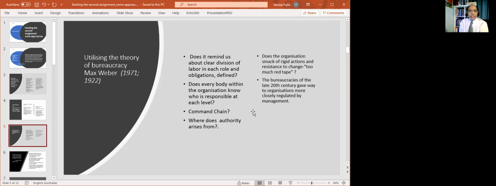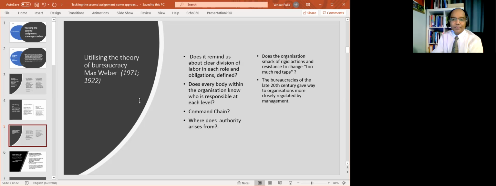Let's see whether we can utilize the theory of bureaucracy. Does it remind us about clear divisions of labor in each role and obligations defined? Does everybody within the organization know who is responsible? Is there a chain of command kind of principle that's happening? Where does the authority arise from?